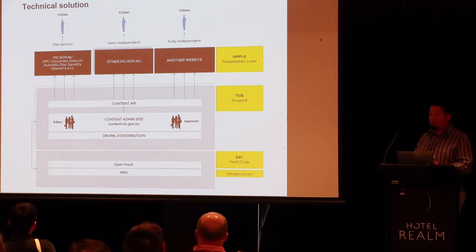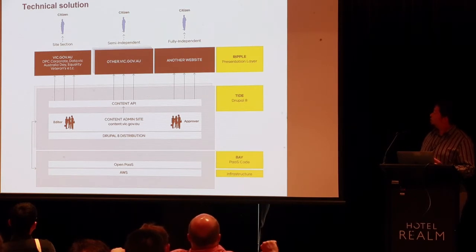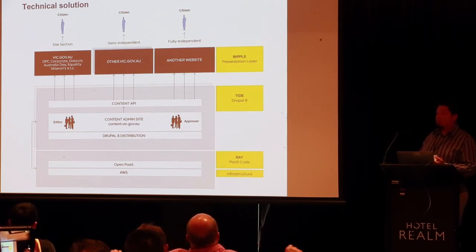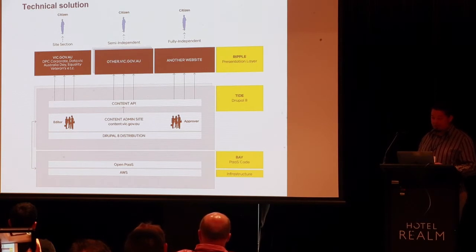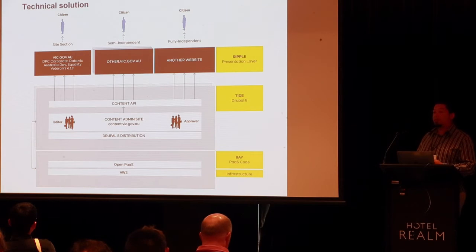Bay essentially holds all of our websites, so that includes all of our fully independent websites as well as the semi-independent websites and site sections. And we also have a few external websites that don't sit with the rest of these layers. So yesterday Jithma was talking about My Victoria, which is a GIS product that sits on this platform, but right now it's not using the rest of the SDP layers, it's just the hosting.